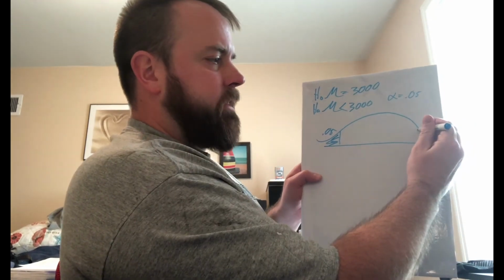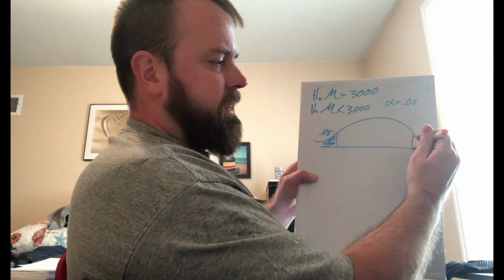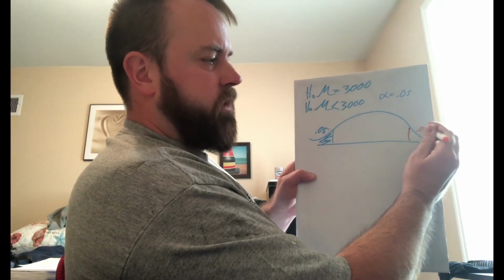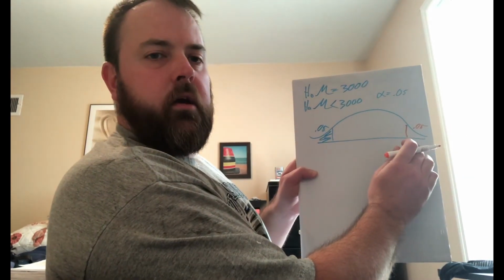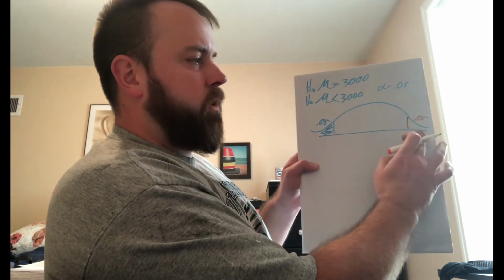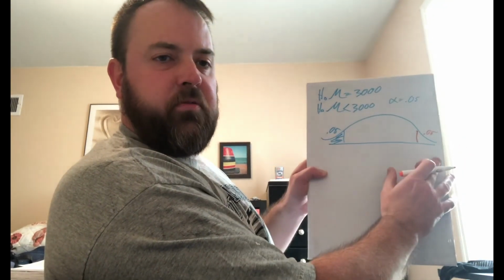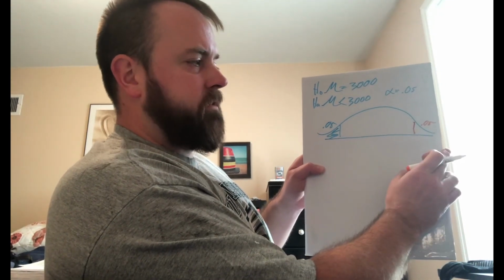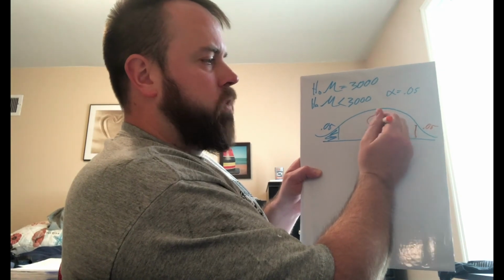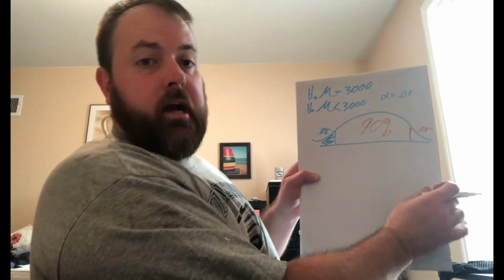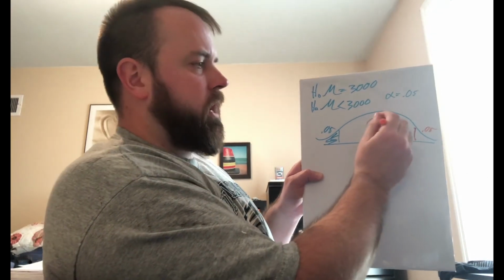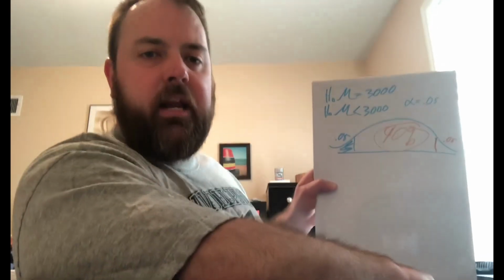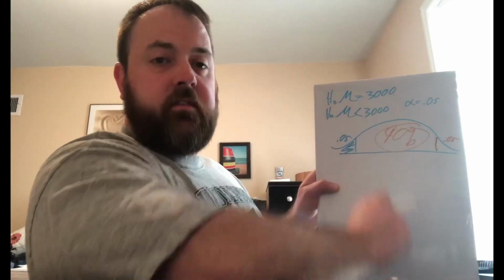I'm going to use a different color here, and we're going to make that other tail also 0.05. Now we're symmetric. So we have 0.05 here, 0.05 here, or 5% and 5%, which is 10% in the tails. So our interval would have to be 90% to fit this situation.